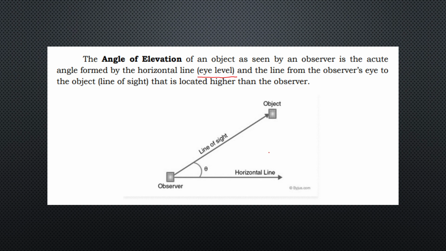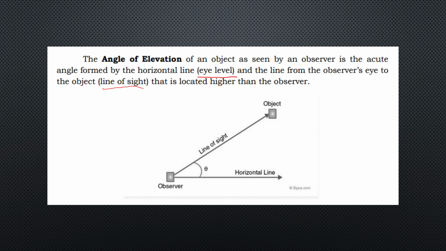And the line from the observer's eye to the object is the line of sight, say the airplane we were talking about a while ago, which is located higher than the observer. Where is the angle of elevation there? That is in between the line of sight and the horizontal line. So if you see the angle theta here, this part here is the angle of elevation.